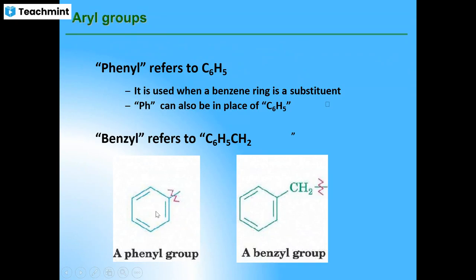The first one is the phenyl group and the second is the benzyl group. It means a CH2 group is present on benzene, and that carbon is also bonded with some other alkane chain. In that case we use it as a benzyl substituent. So this is a benzyl and the first one is the phenyl.